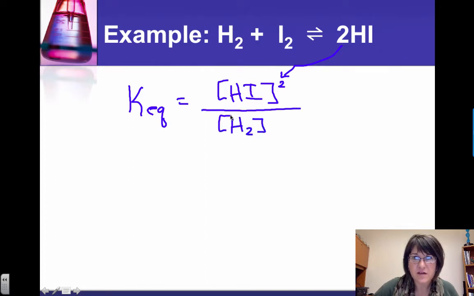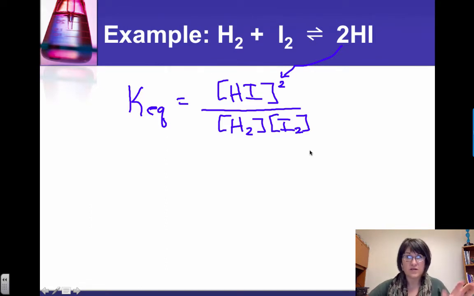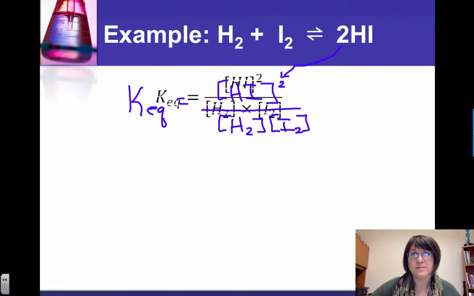Hydrogen gas is not going to be raised to anything but 1, and I don't have to write that in. Iodine also just has a power of 1 because there's nothing in front of it in my balanced equation. So that's what the equilibrium expression looks like, the products over the reactants.